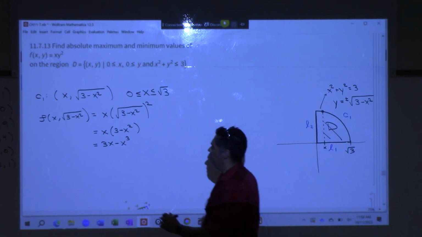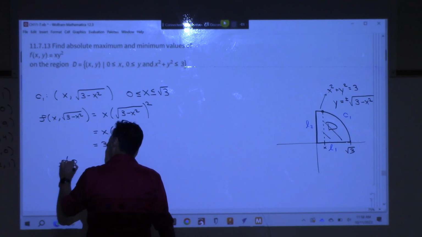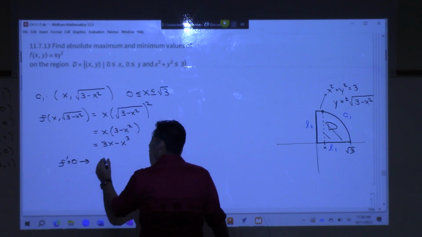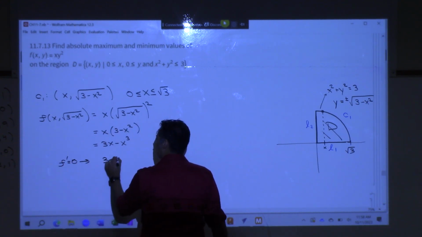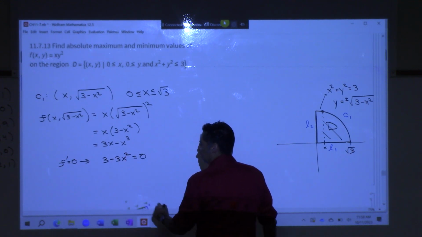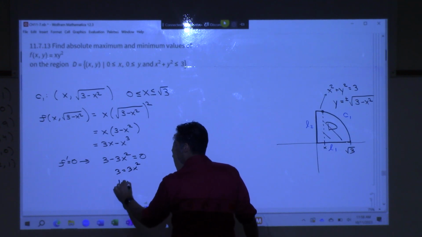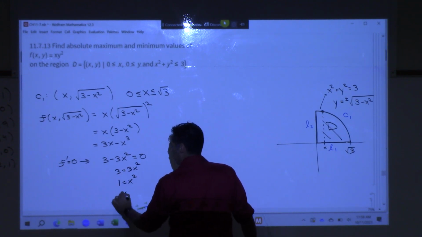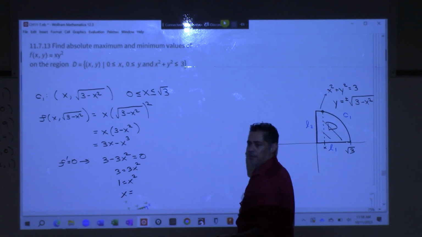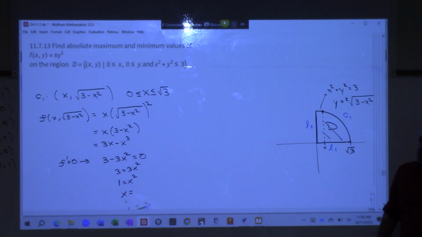So let's take the derivative of this, treating this like my f of x. Take the derivative, set it equal to 0. What's the derivative? 3 minus 3x squared. Set that equal to 0. 3 equals 3x squared. Divide by 3. X is plus or minus 1. But I'm going to throw away the minus. Why? Because I'm only to the right.